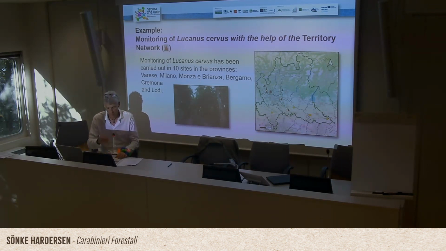We monitored 10 sites, always following the protocol that I showed you before. These 10 sites can be found on the map, indicated by the brown triangles. The staff monitored during the night, especially in June and July.